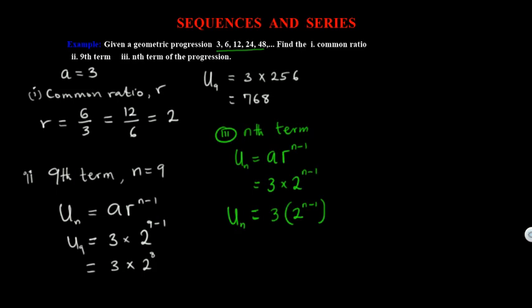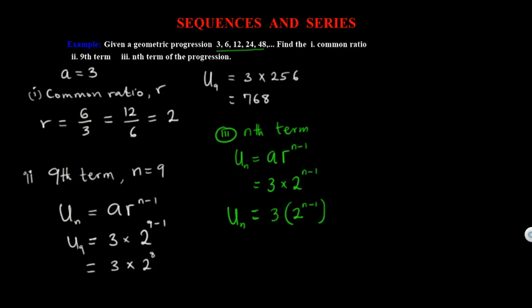Interesting. So we've learned about sequence and series in this video. A sequence involves a list of numbers in an organized, particular pattern, either by increasing by adding a number, or by subtracting a number, or by dividing, or by multiplying by a number.